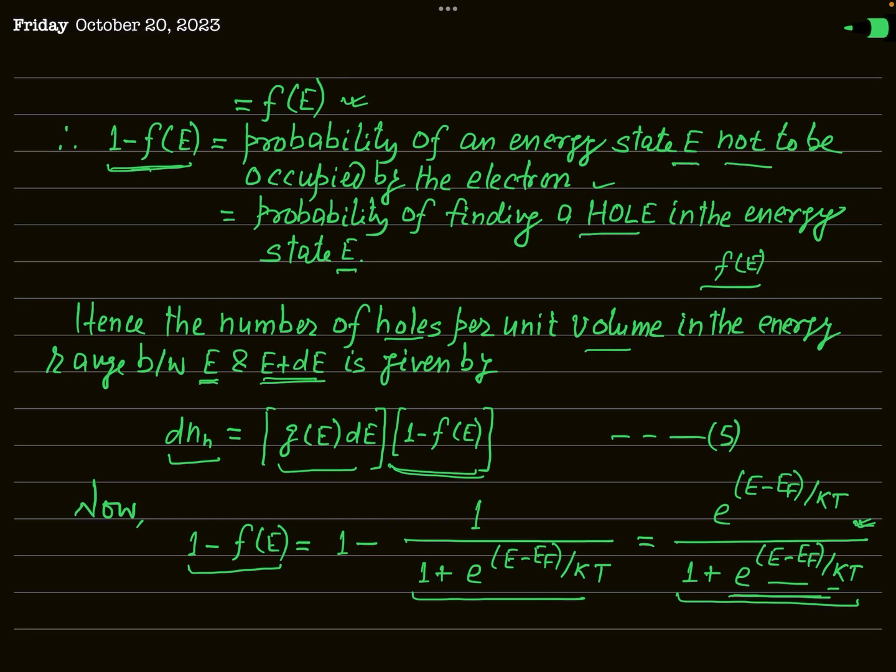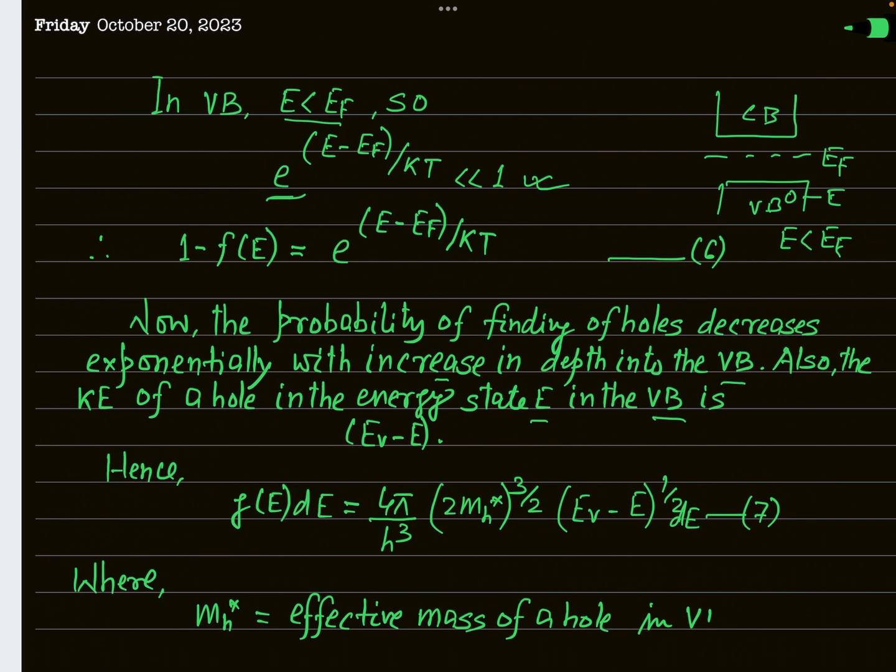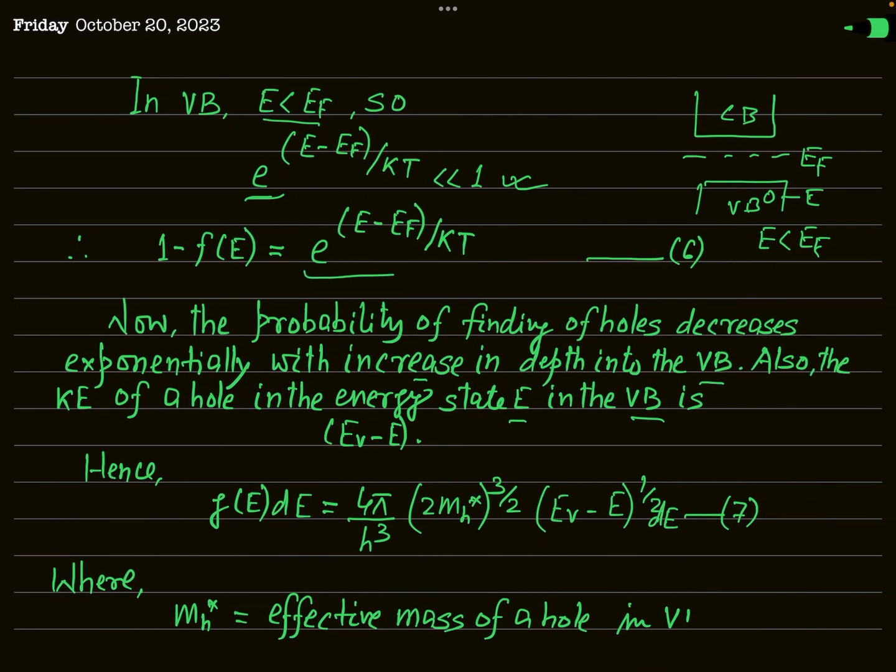Here the exponential factor will be neglected, and so 1 minus f(E) will simply be equal to e to the power (E minus EF) over kT. So in this way we have calculated the occupation probability of a hole at energy level E.